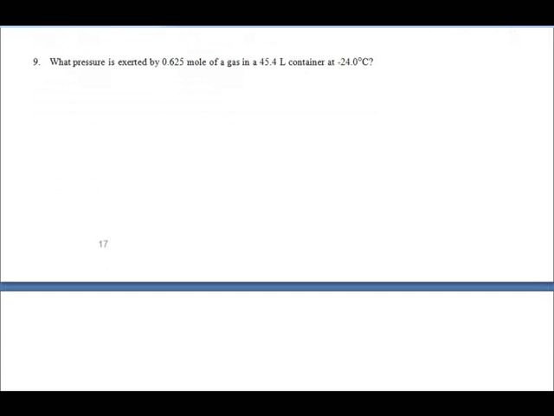Let's take a look at number 9. The question is, what pressure is exerted by a certain number of moles in a certain volume at a certain temperature? Again, this should be pretty straightforward. So I've got PV equals nRT. I'm solving for P, so I get it isolated by dividing by V. My moles are 0.625.